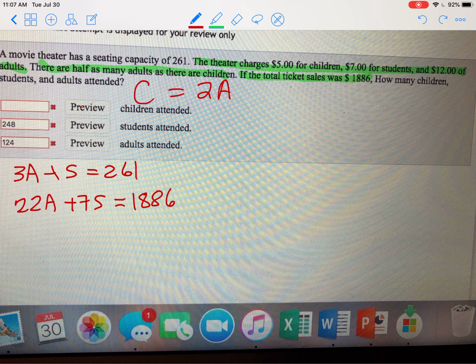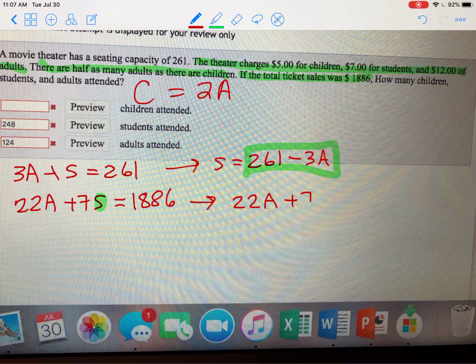So the first equation becomes S equals 261 minus 3A, and then we're going to take the S in this equation right here and plug in that quantity, 261 minus 3A, for it, and we get 22A plus 7 times 261 minus 3A equals 1886.